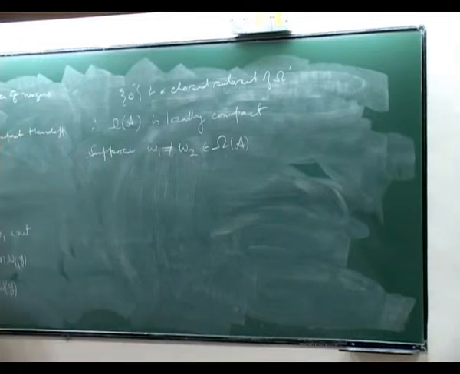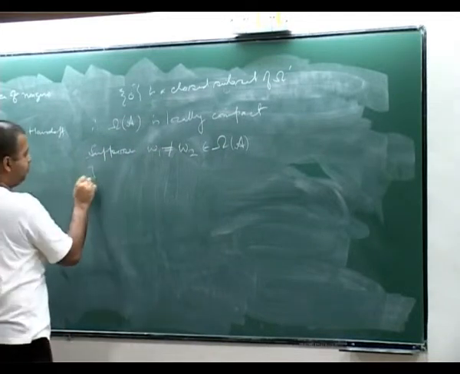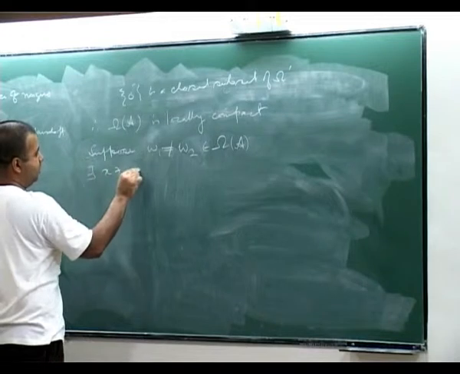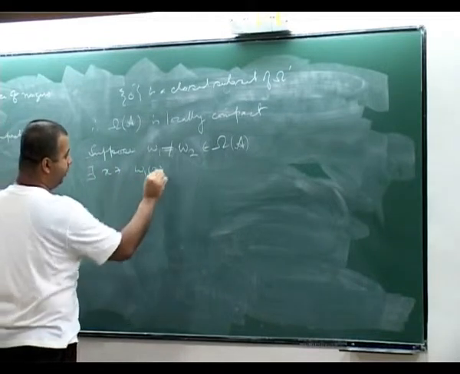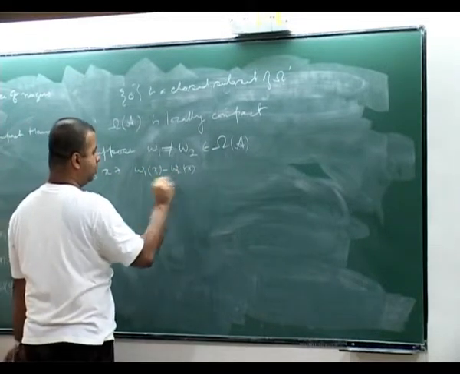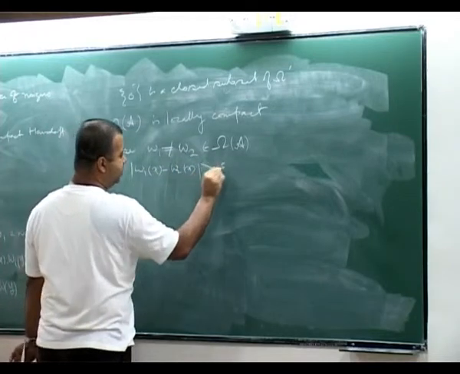then there exists some x such that omega 1 of x minus omega 2 of x, this difference, is greater than epsilon.